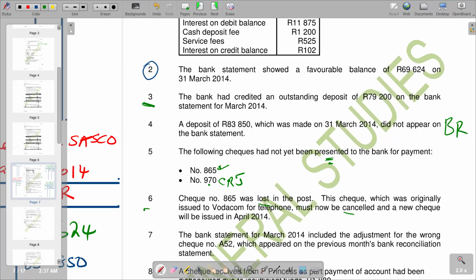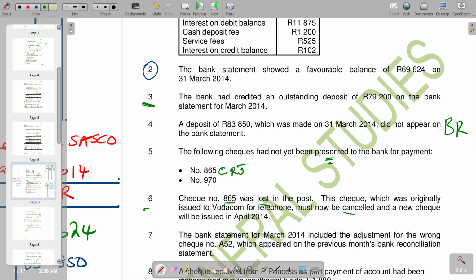So here we can put whereby we are saying this check number 865 is supposed to go to the cash receipts journal, because it is under the cash payment journal and it was lost, so we need to remove it. So we go to the debit side, which is the cash receipts journal, and put check number 865.